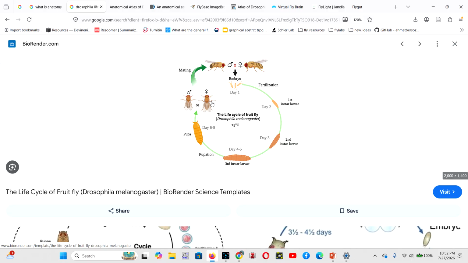The resources are so many that if you just try to study the anatomy, it's going to take years to understand it, thanks to this incredible organism. It's been around for more than 100 years, a lot of research has already happened, and it's doing really well, because Drosophila has never disappointed so far.